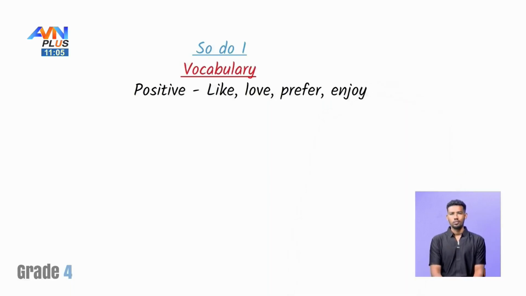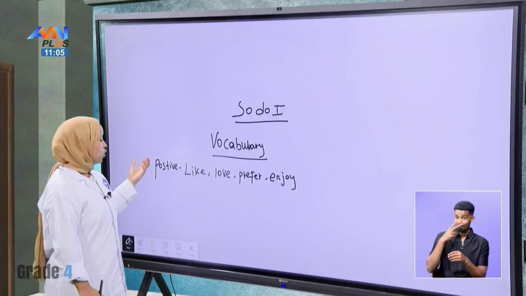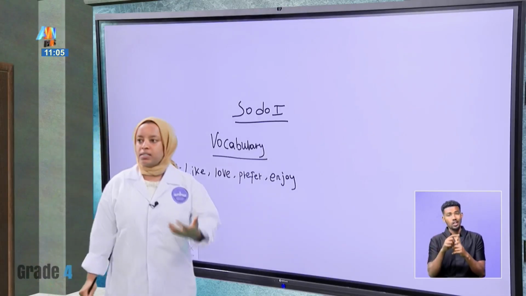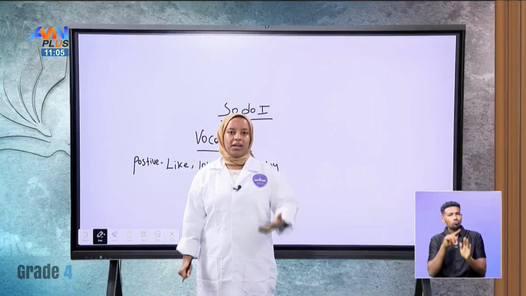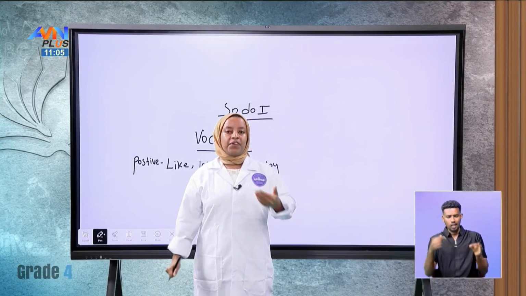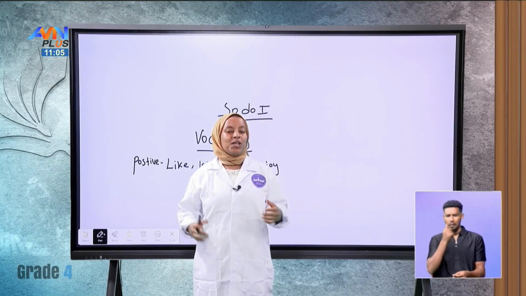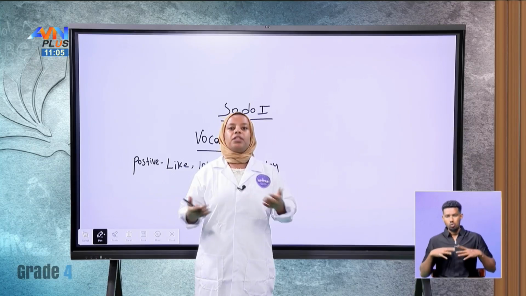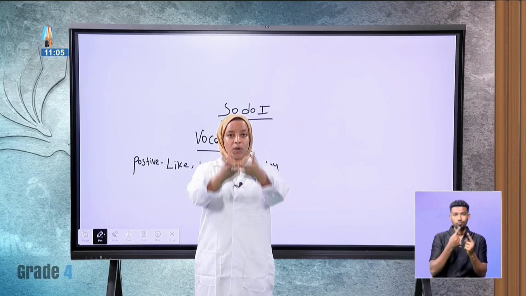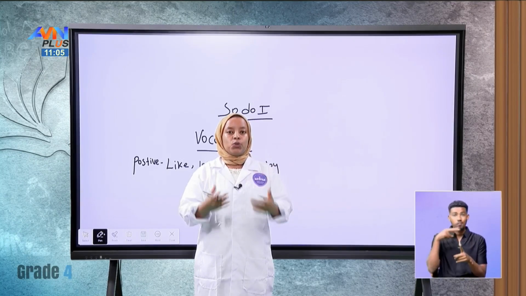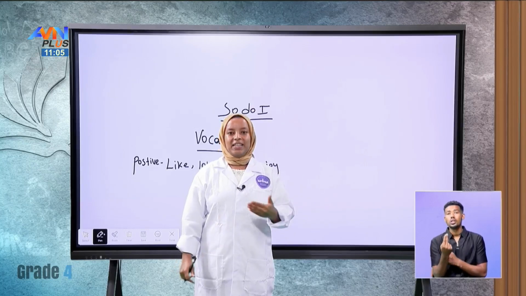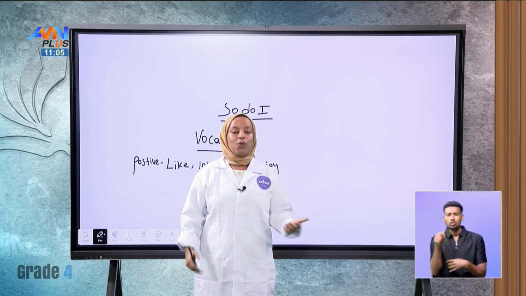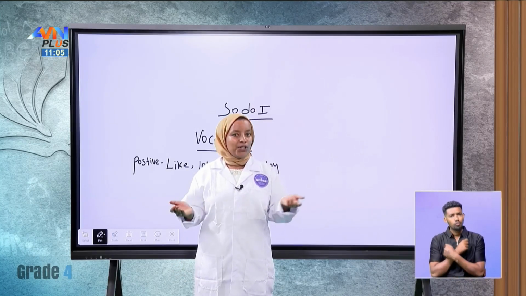Look at this word. These show positive sentences that you can use to show what you like. I prefer, I like, and also I enjoy. These are positive vocabulary, verbs that can be used for preference: what you like, what you love, what you enjoy, and what you prefer.